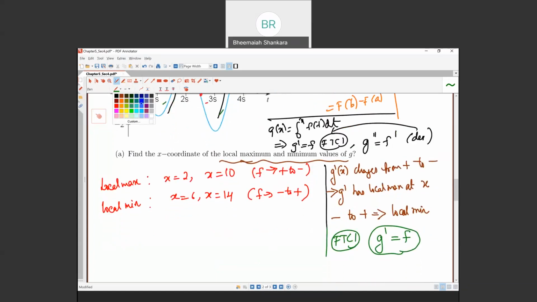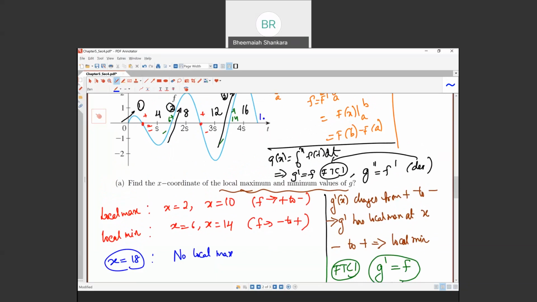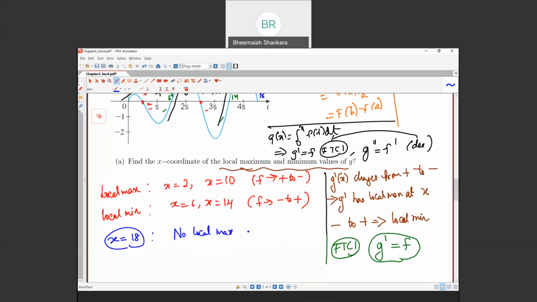We have one more point which we want to discuss, x equal to 18. At this point we can say that we have no local max or local min, that's this point 18, no local max or local min, because g prime equal to f is not defined for x greater than 18.